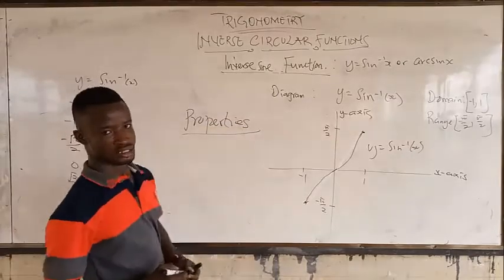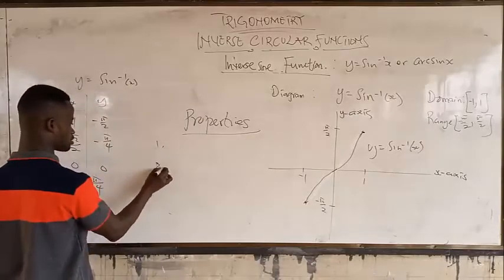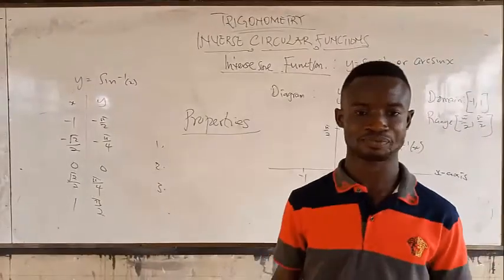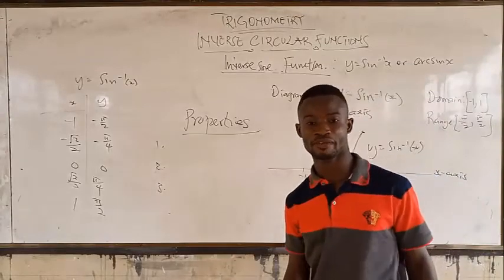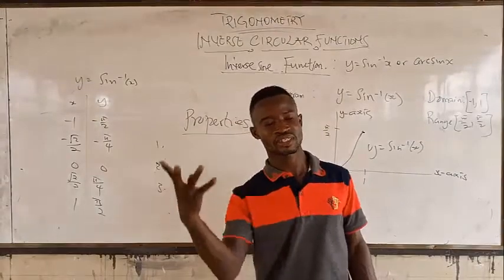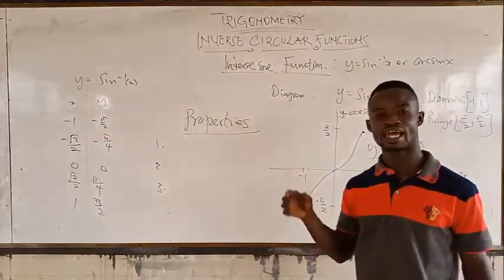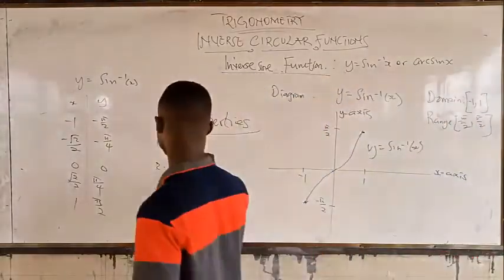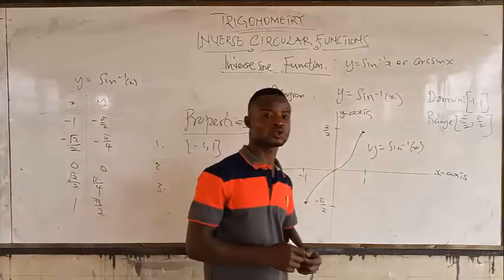We are going to write about 3 properties. 1. Are you ready? The inverse sine function is increasing and continuous on its domain, and the domain is negative 1, 1. 2.